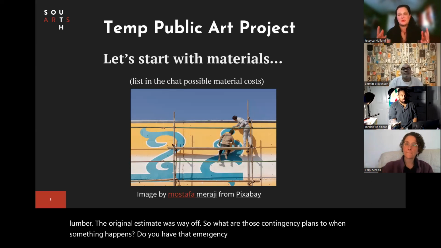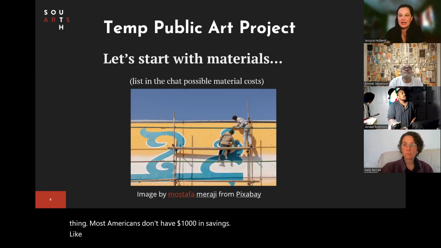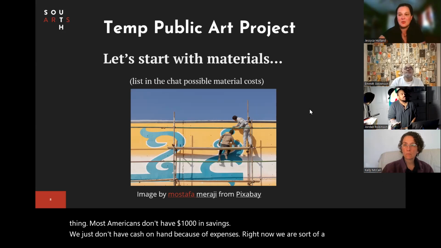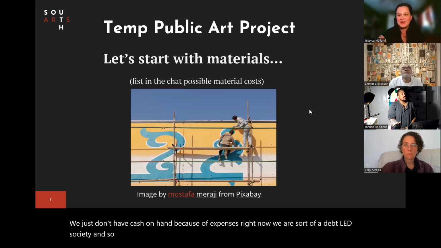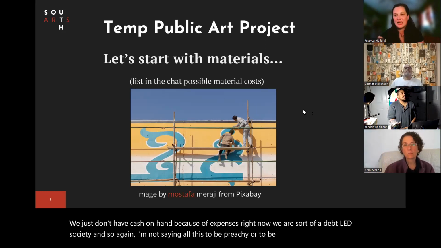And here's the reality of the thing: most Americans don't have $1,000 in savings. We just don't have cash on hand because of expenses right now. We are sort of a debt-led society, and I'm not saying all this to be preachy or sanctimonious. This is the reality, right?